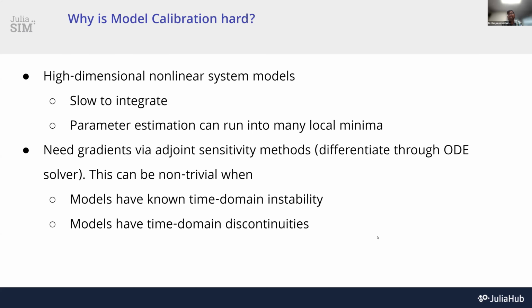The resulting dynamical system could be highly high dimensional and nonlinear. So it's very easy, using paradigms such as Modelica, to quickly generate these high dimensional nonlinear systems. And these, of course, tend to be very slow to integrate, even with state-of-the-art solvers.